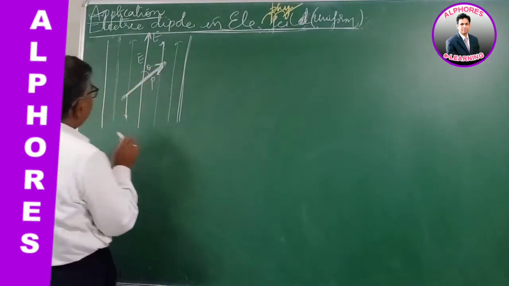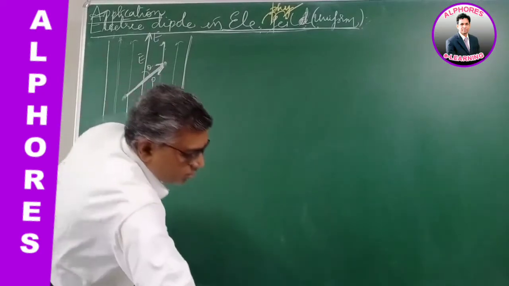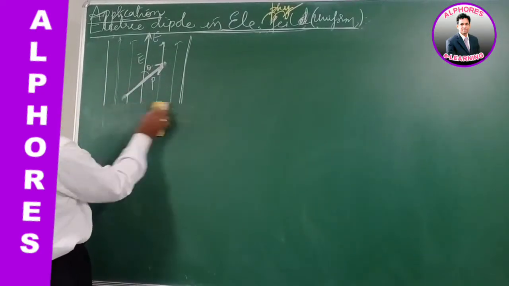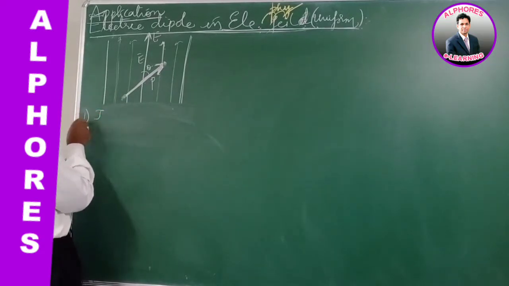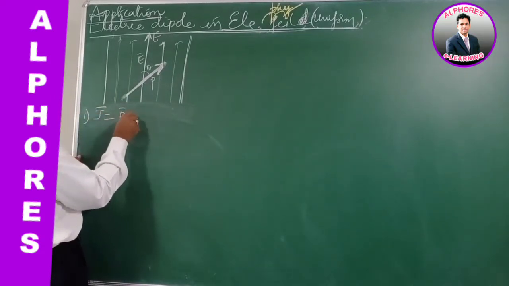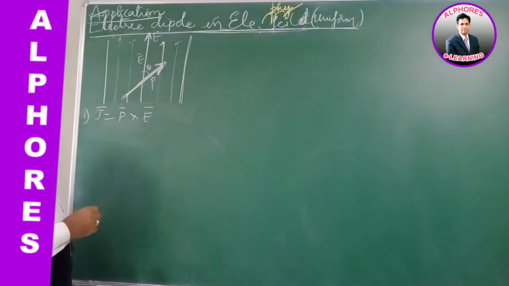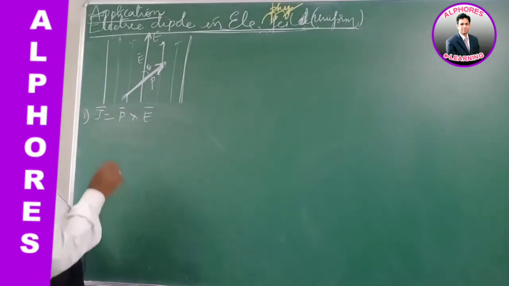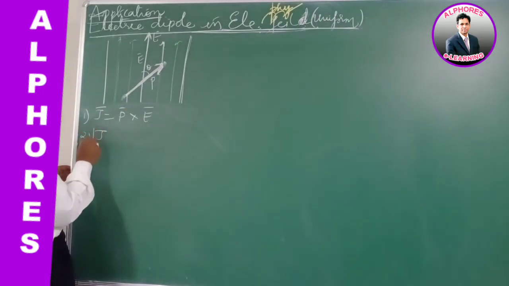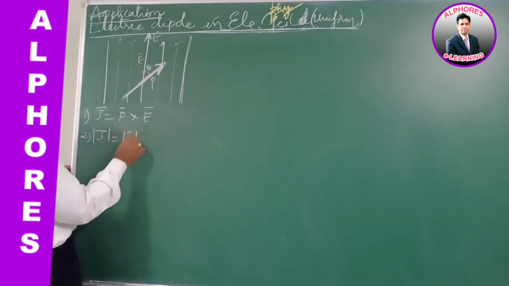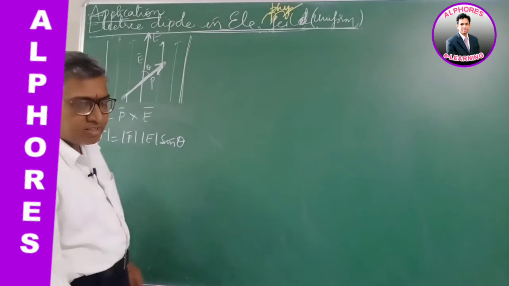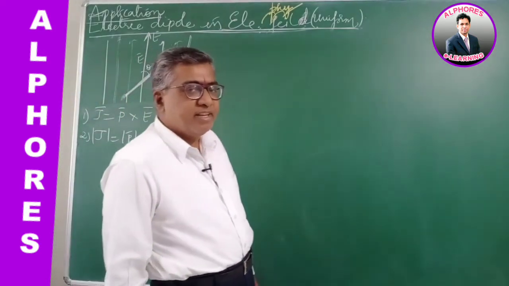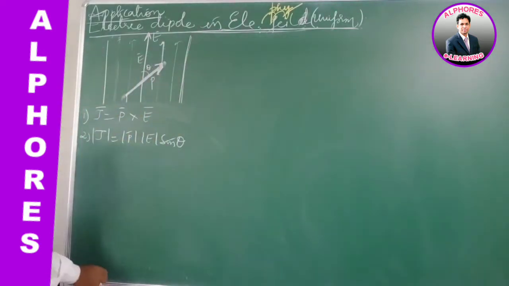So the torque experienced by the dipole in the uniform electric field, tau, is given as P bar cross E bar, vectorially. The magnitude of torque, mod tau, is mod P mod E sin theta. This is the torque experienced by the dipole in the uniform electric field.